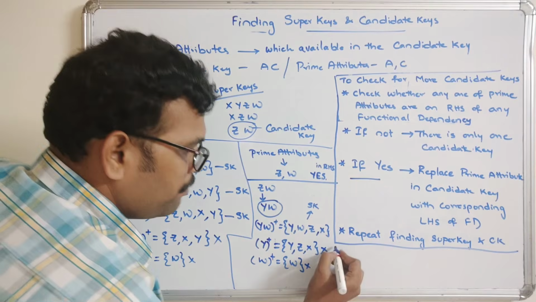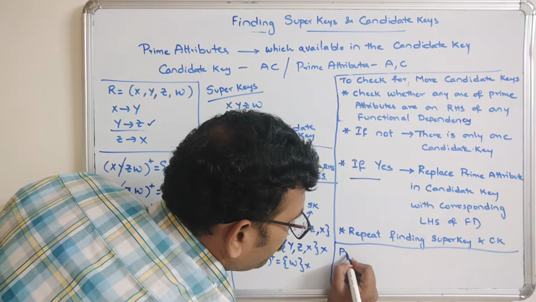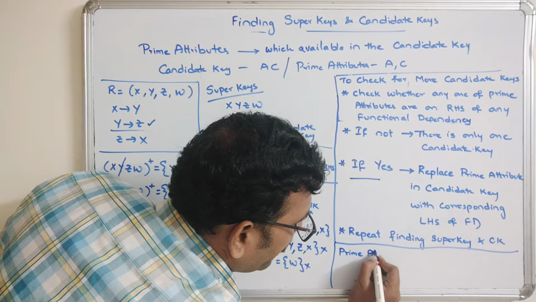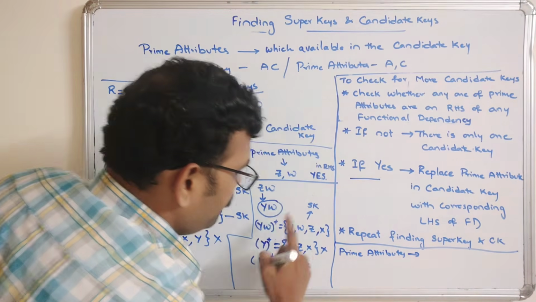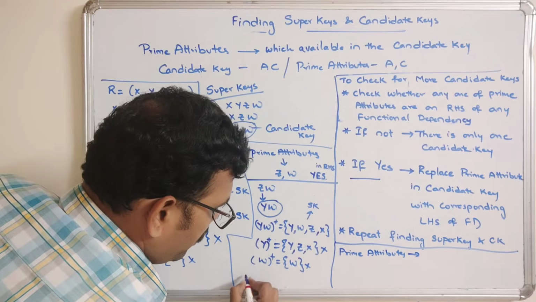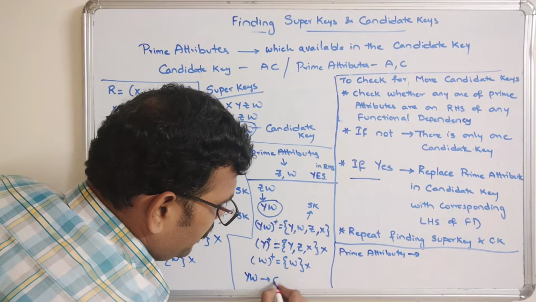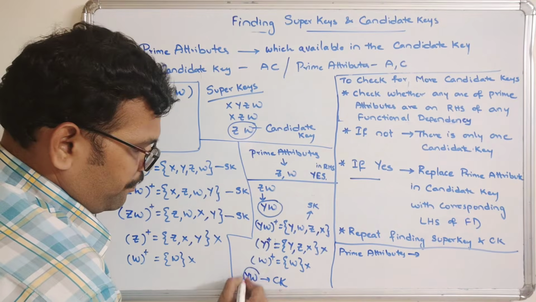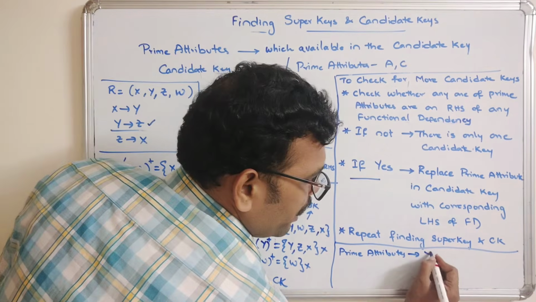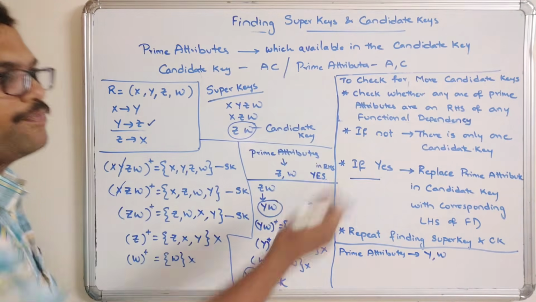Again, from this we have to find out the prime attributes. What are the prime attributes? Prime attributes are Y and W. So here YW is a candidate key. So prime attributes are Y comma W. Again check for this one.